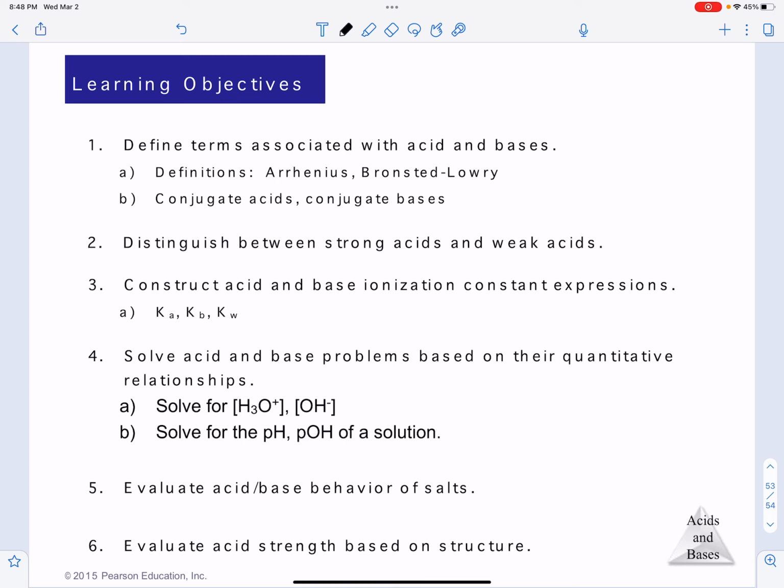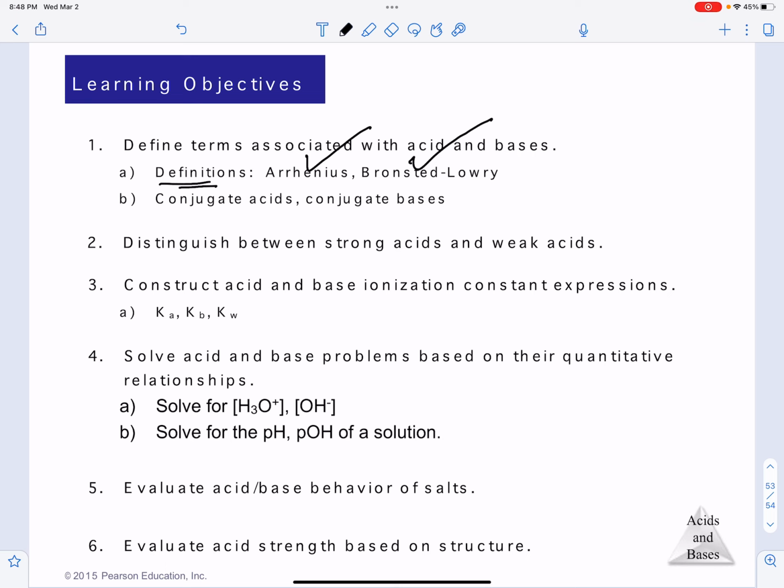So first thing we did, we dealt with the definitions. Arrhenius definition, basically an acid will increase the concentration of the proton or hydronium. A base will produce hydroxide. The Bronsted-Lowry is an acid donates a proton, the base accepts the proton.